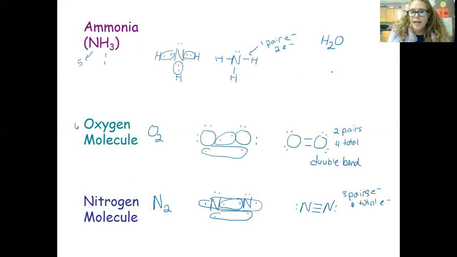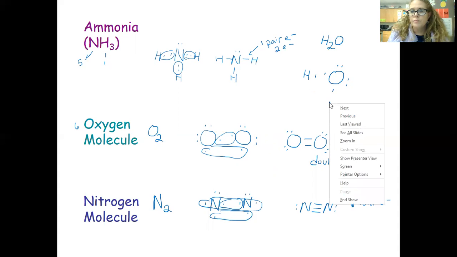So oxygen has 6 valence electrons, 1, 2, 3, 4, 5, and 6. Hydrogen has 1 valence electron. Oxygen has to make 2 bonds. Hydrogen has to make 1. So I'm going to put 1 hydrogen here with its 1 dot, and my other hydrogen here with its 1 dot.